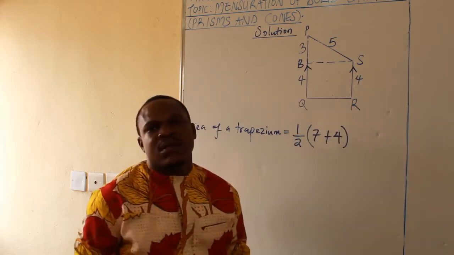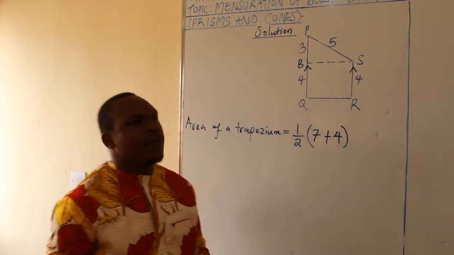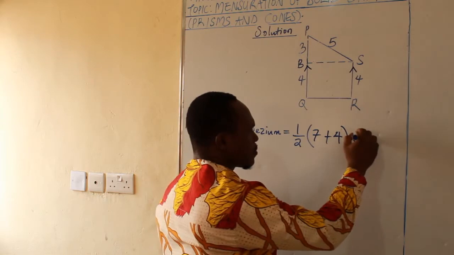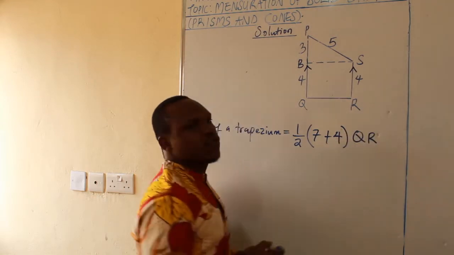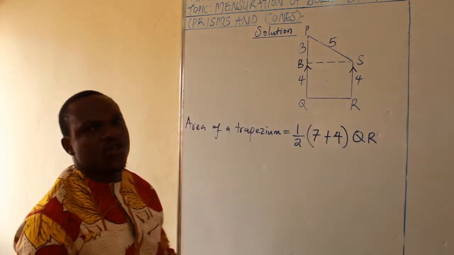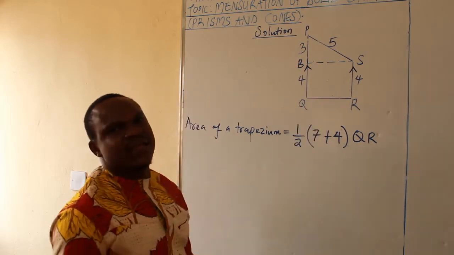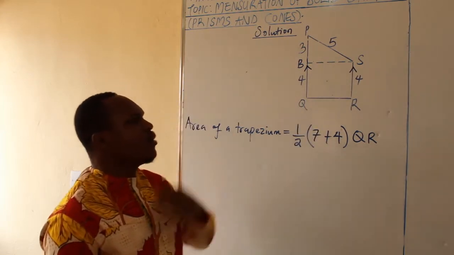QR is the height of this trapezium, but the length of QR isn't given to us in the question, so we have to find it. How do we find the length QR?